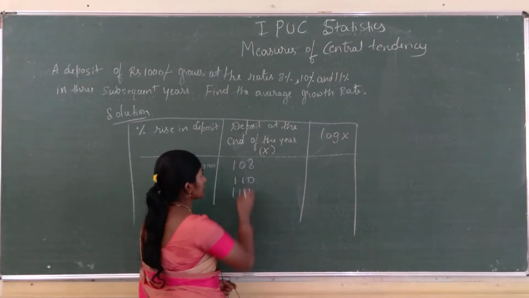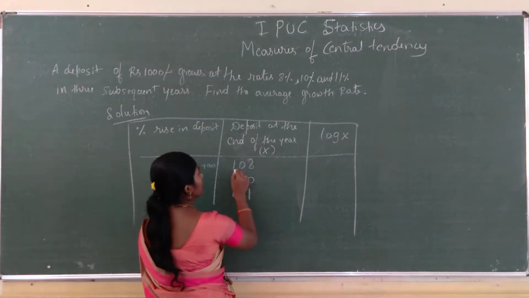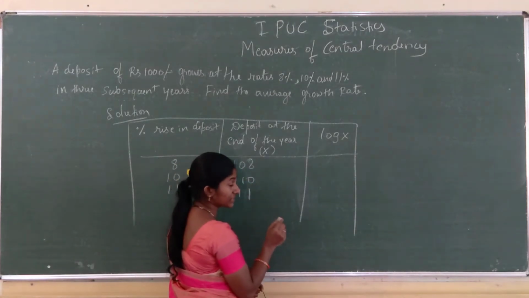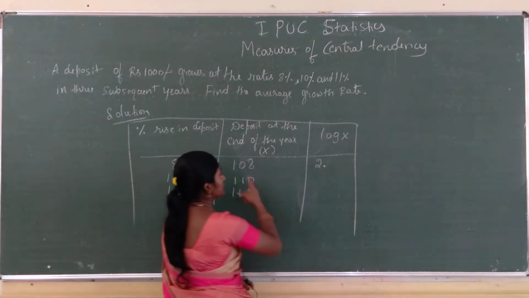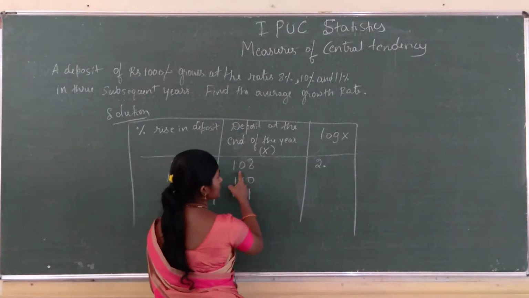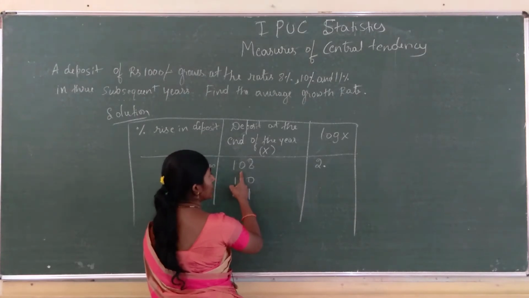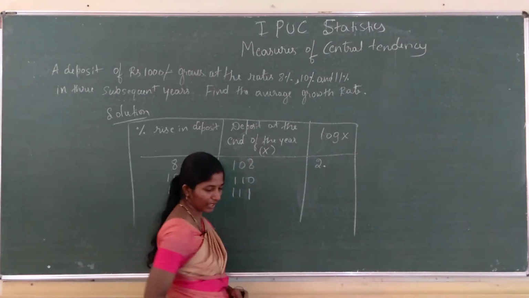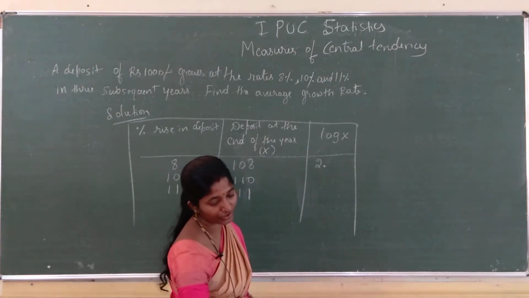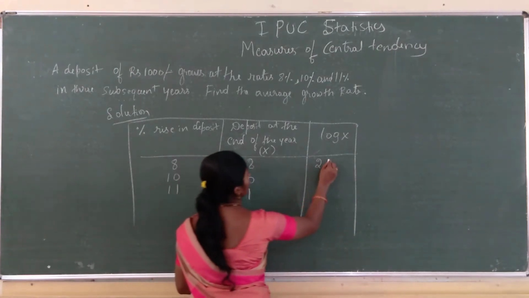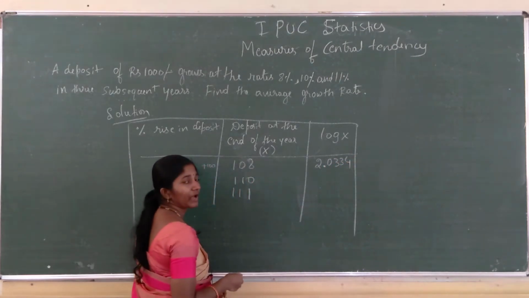Find the log x. First we have to write the characteristic: 3 digits, 3 minus 1, that is 2 point. So in the log table you should see the value 10 row, 10th row under column 8, that is 0334. Write it down in the mantissa part.